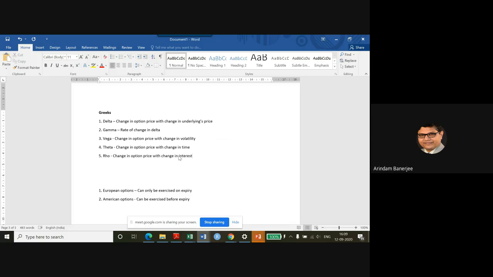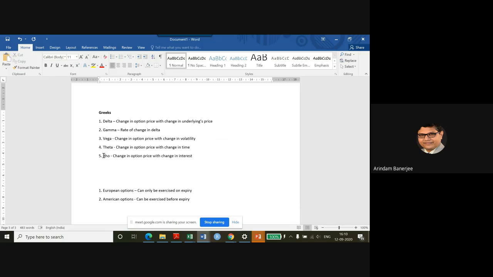Fine. So if I go back to this, rho is usually not very important, specifically for short time period options, because interest rate usually changes very slowly. If I am taking a position in a weekly option or even a monthly option, it is very unlikely that the interest rate will change drastically.